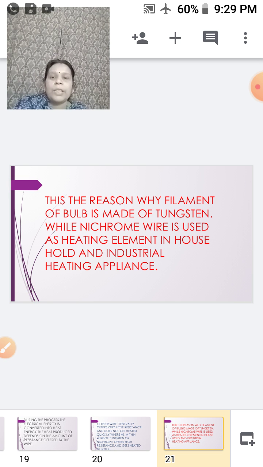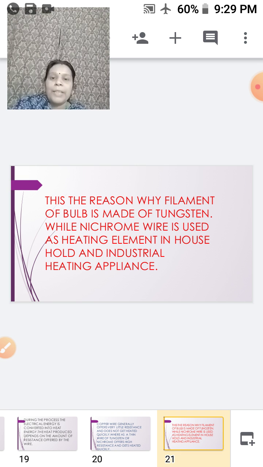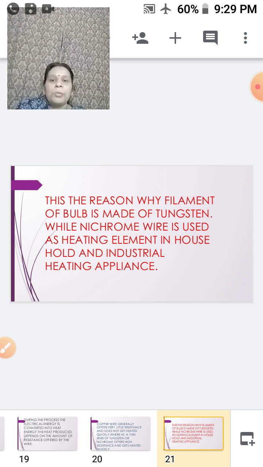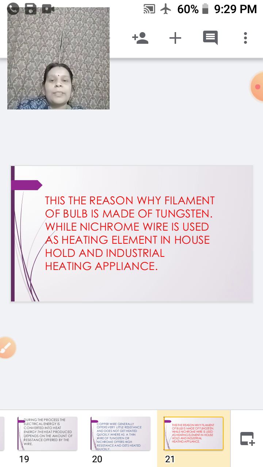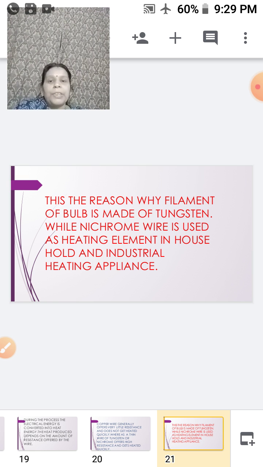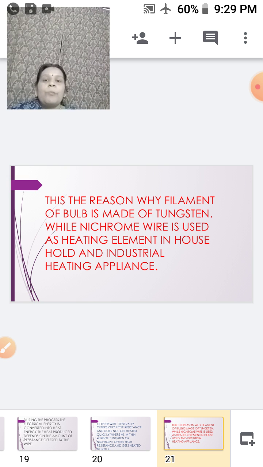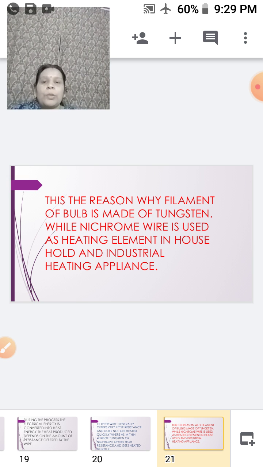There also we have appliances which work on wire made up of nichrome. The other term that we will be using is the element. Such appliances we will be talking of tomorrow in the period when we will be talking of the heating effect in those appliances. So I hope this much is clear about the bulb.